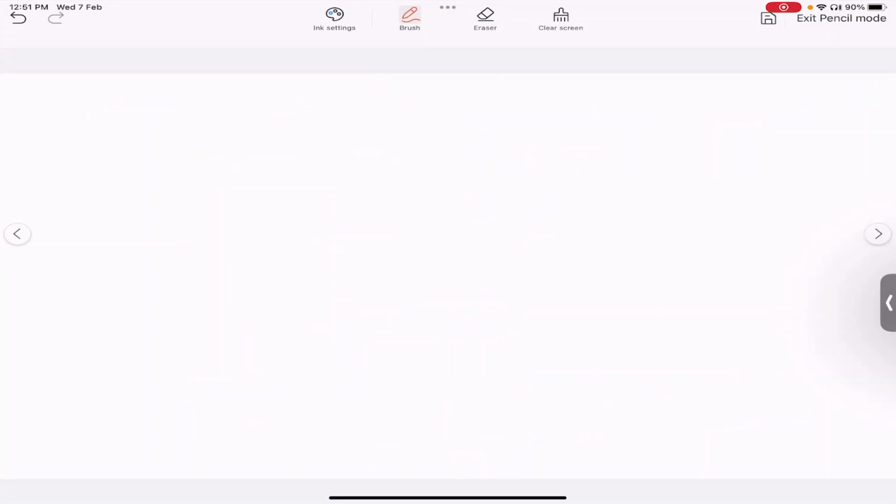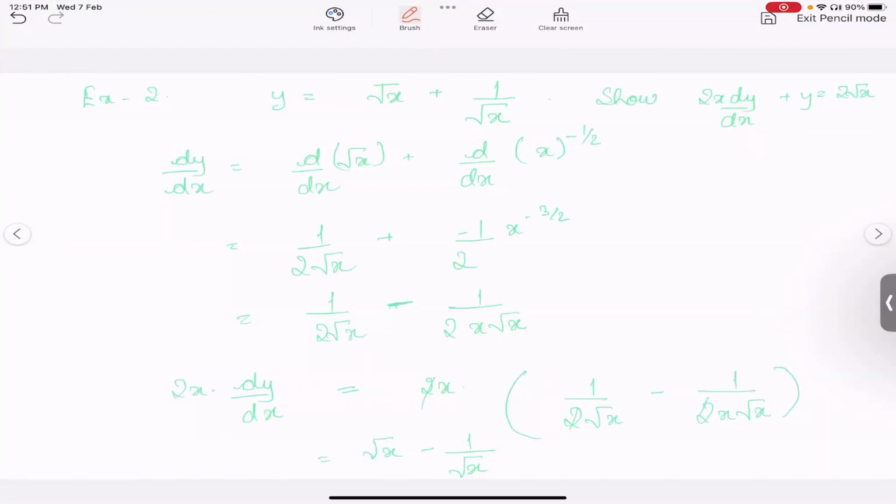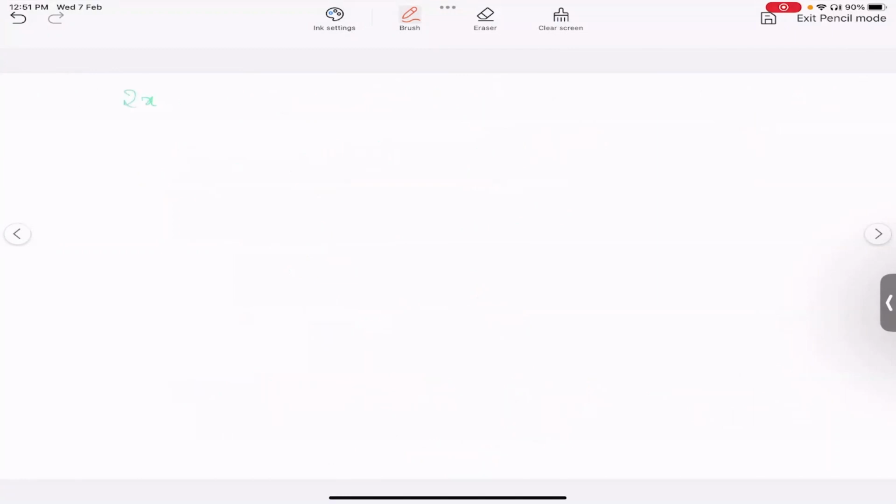And if we add, we already know 2x dy by dx. This value we have already obtained, and we have to add y.